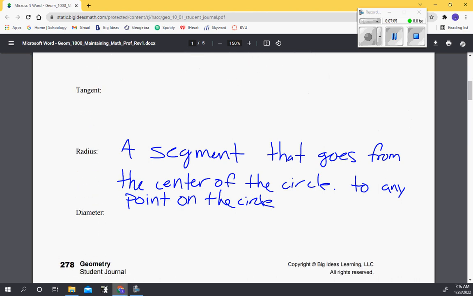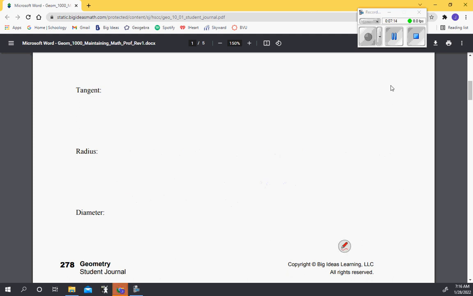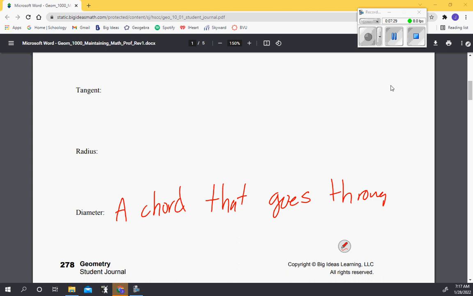Next is diameter. Diameter is actually a chord. Remember the definition of chord. A chord that goes through the center of a circle.